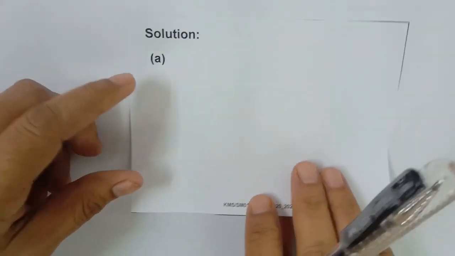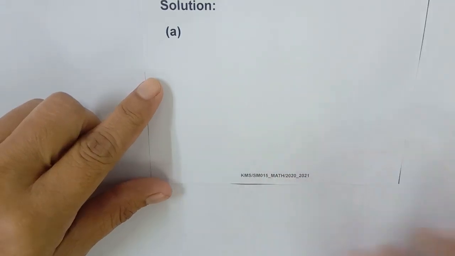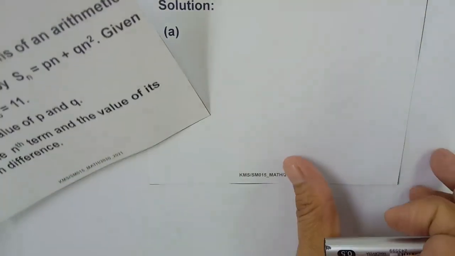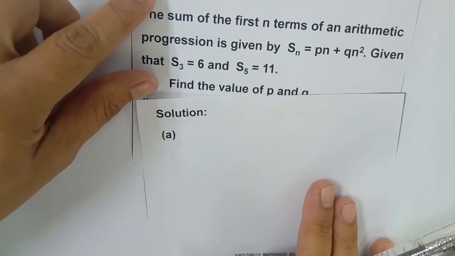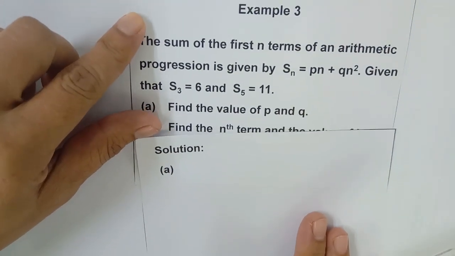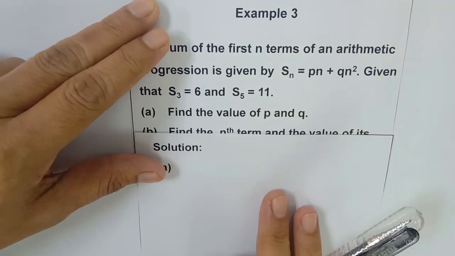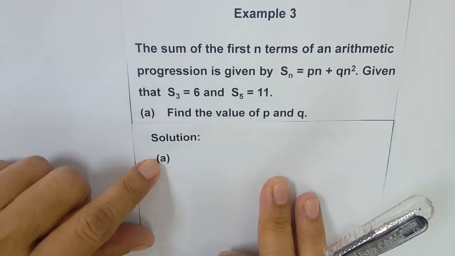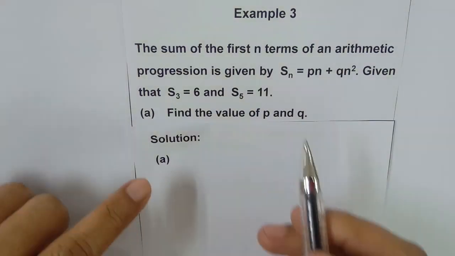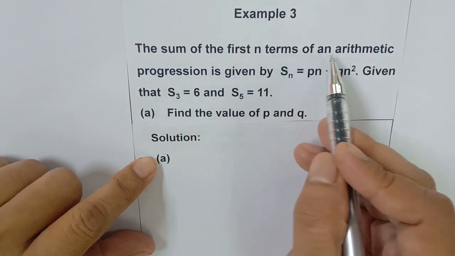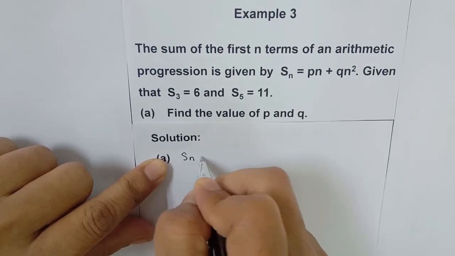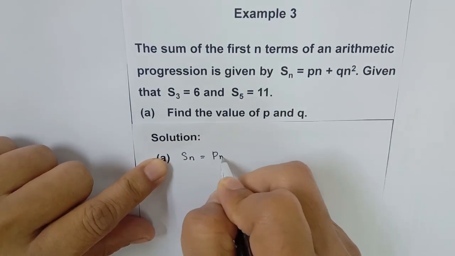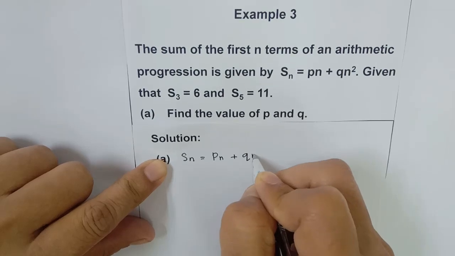Okay. So look, I show you the solution for question A. Example 3A. Given the sum of the first n terms of an arithmetic progression is Sn equal to Pn plus Qn square.